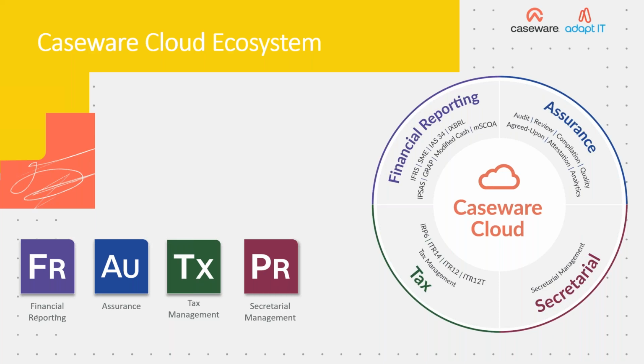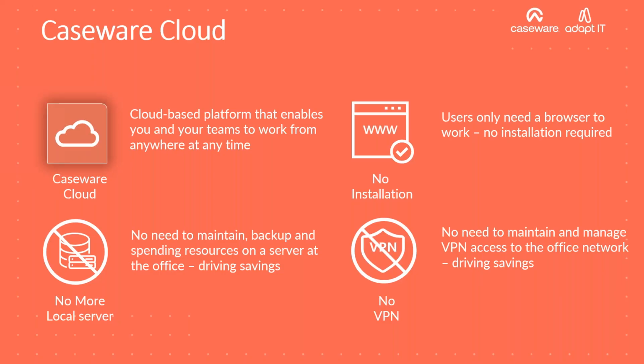Before we go into each solution, I want to just do a quick recap about the basic benefits of having a cloud-based solution over a physical installed server installation or machine installation software. So one of the main things is probably the mitigation of risk that you get when you have a cloud-based software.